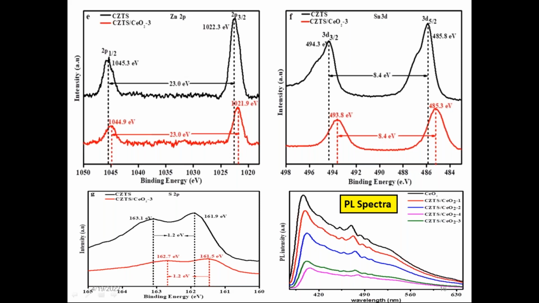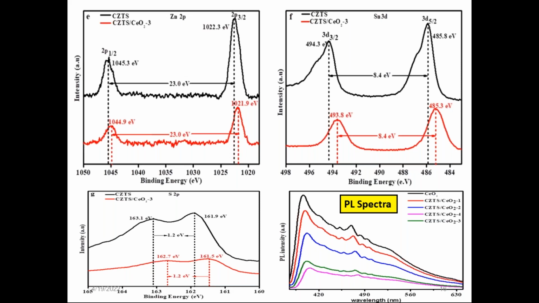The PL spectra are there. The recombination rate of photo-induced excitons can be measured by using PL analysis. Usually the PL emission intensity describes the inverse of the charge recombination rate.